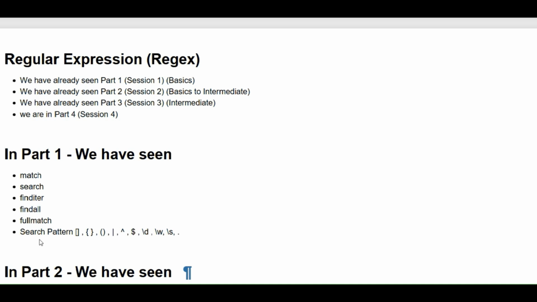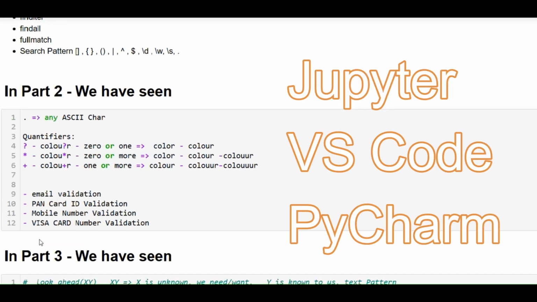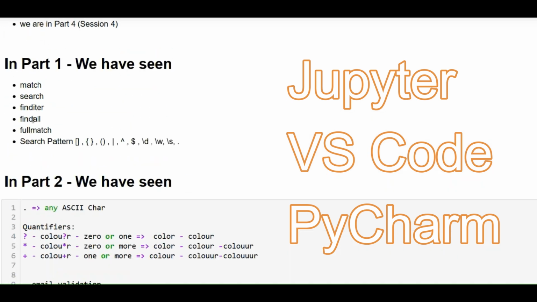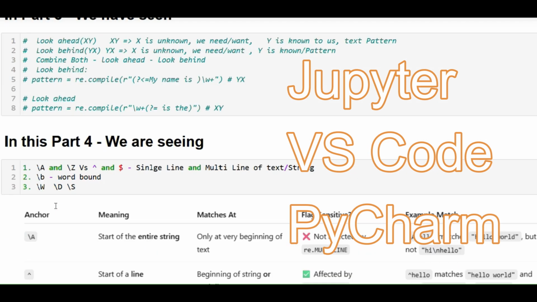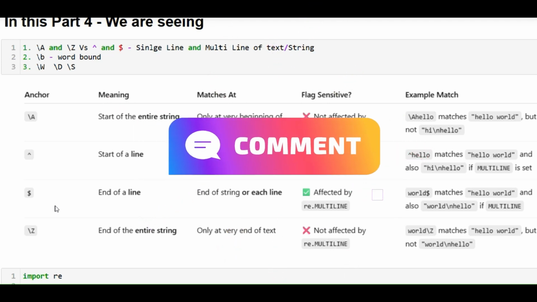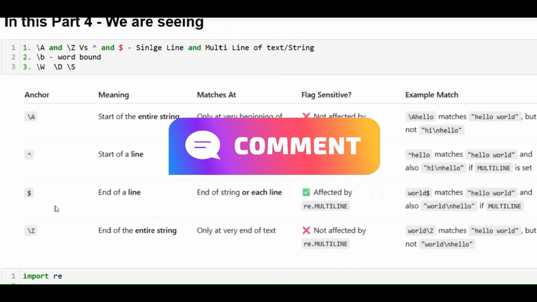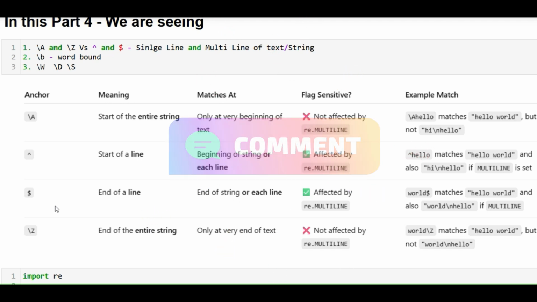Before that, please try to open the Jupyter Notebook, VS Code, PyCharm, any one of the IDEs, and start doing with part 1, part 2, part 3 and part 4. If you have any doubts, please write in the comment section and I will review and get back to you. And we will see in the next video.